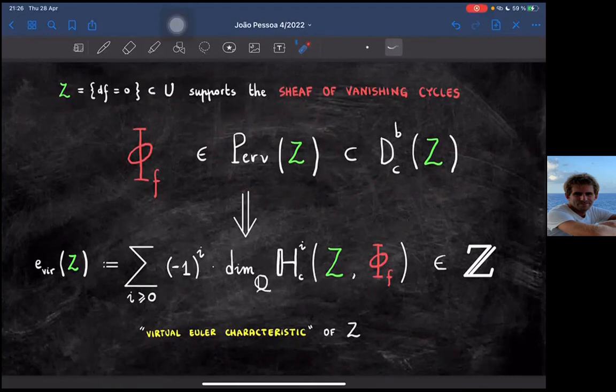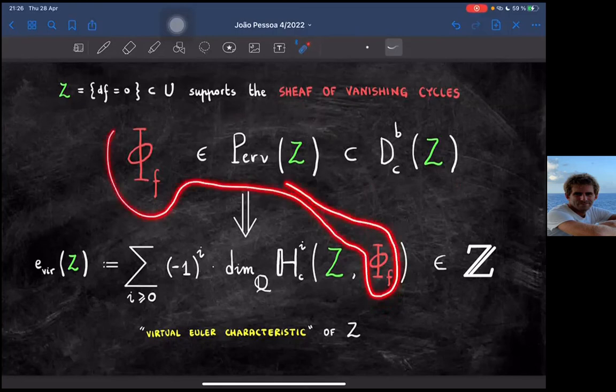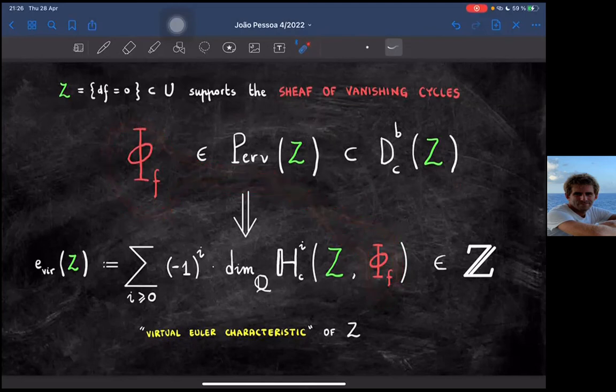What you have to think of is just that you rewrite the formula for the Euler characteristic, but instead of putting Q here, you take this weird coefficient system, which I claim is canonically attached to the pair (U, f).